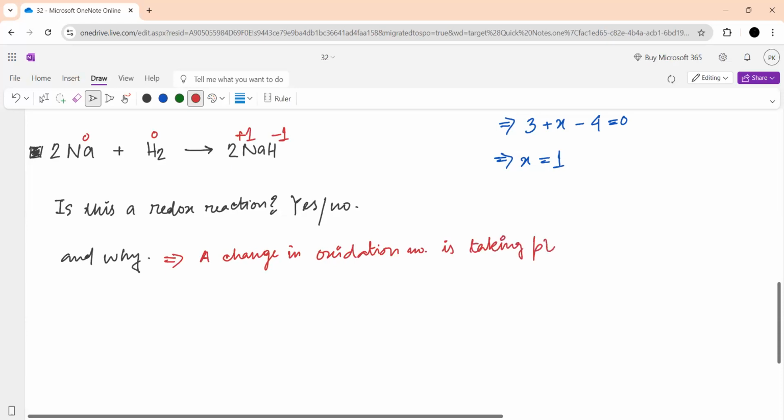Right? From here also we can conclude that this is a redox reaction, because redox reactions are those reactions where the oxidation number changes, right? Okay.